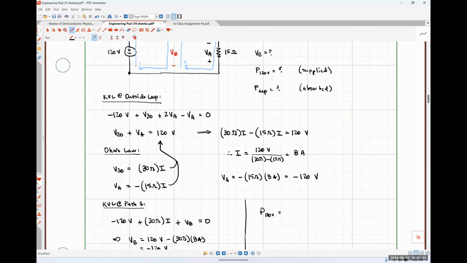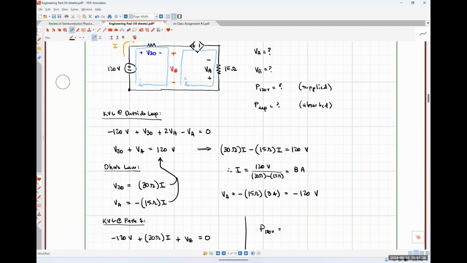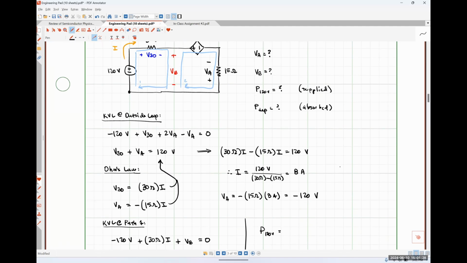So what's the voltage drop across the 120 volt source? It's 120 volts. That's why it's a 120 volt source. It provides a fixed amount of voltage. Okay, so 120 volts.